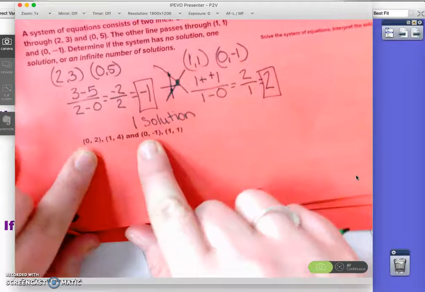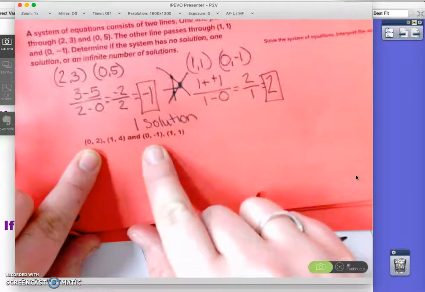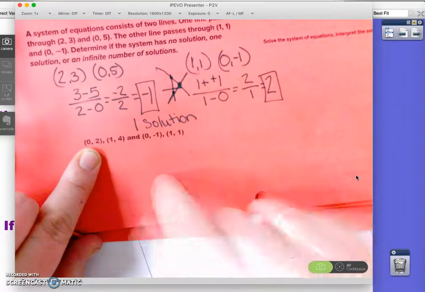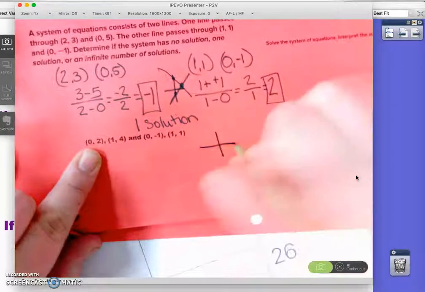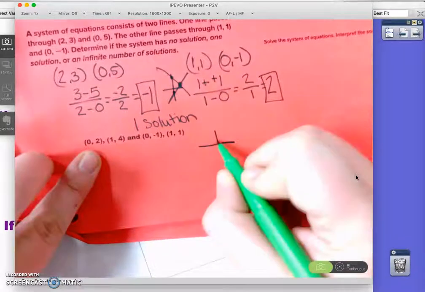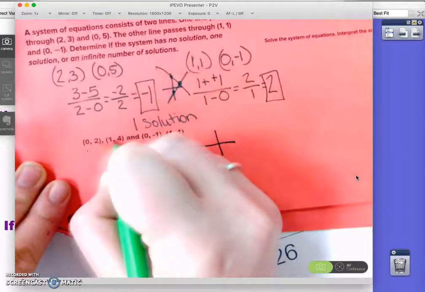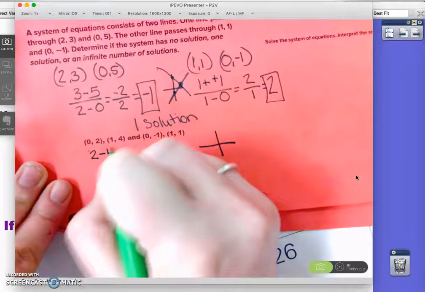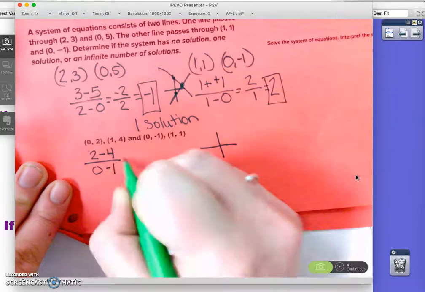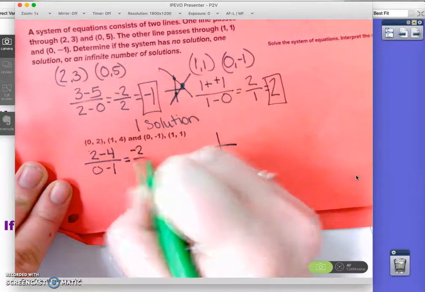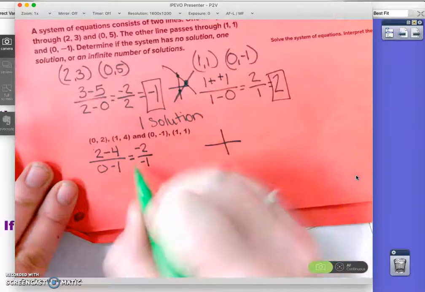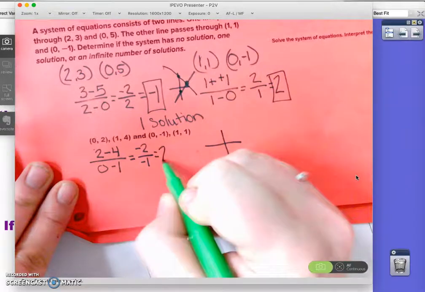We're given that they have different y-intercepts. If they have the same slope and different y-intercepts, that means they're going to be parallel lines. So let's check. (0, 2) and (1, 4): 2 minus 4, remember the y's on top, and 0 minus 1 gets me negative 2 over negative 1, which reduces down to 2.